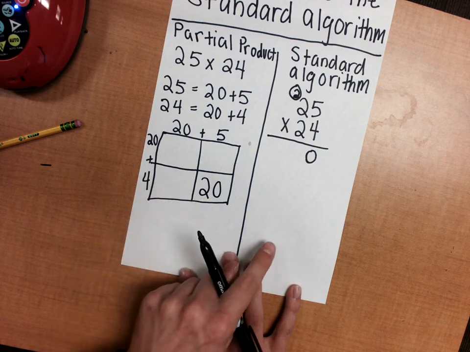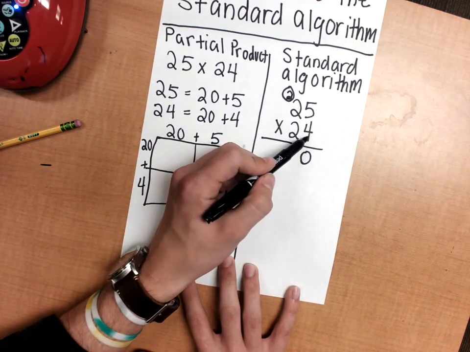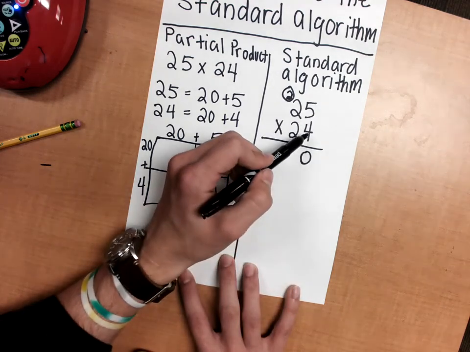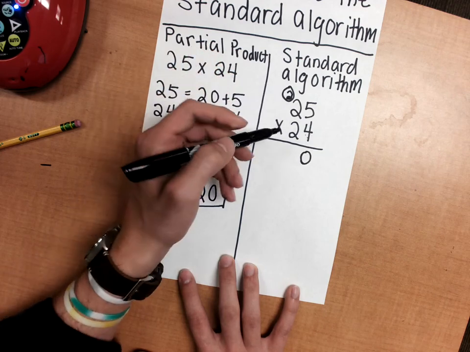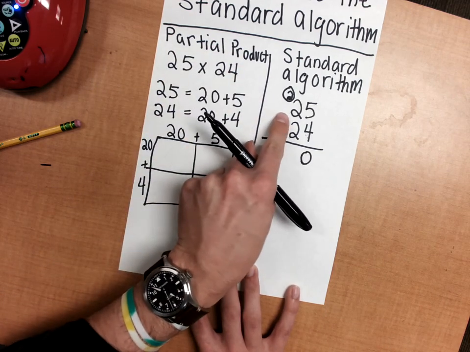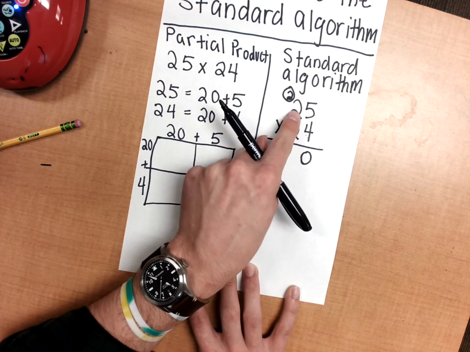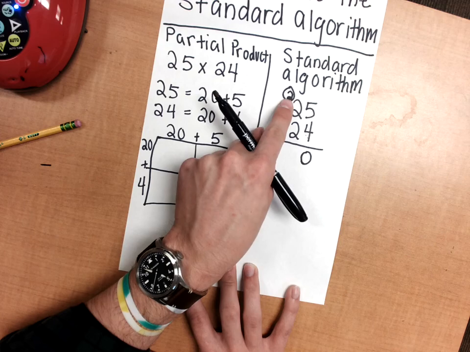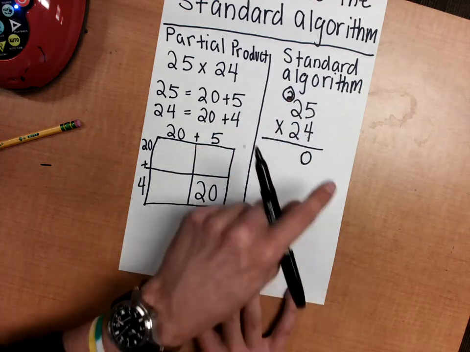The next thing we do is we come back to our standard algorithm, and we're going to do 4 times 2. 4 times 2 is 8, plus our 2 is 10, not 12.